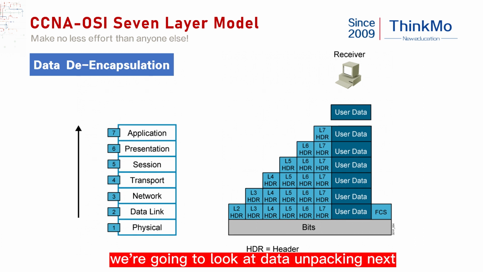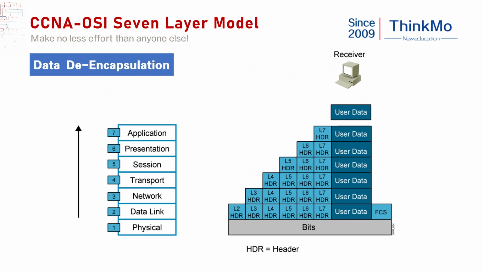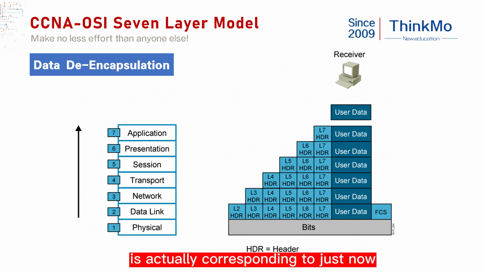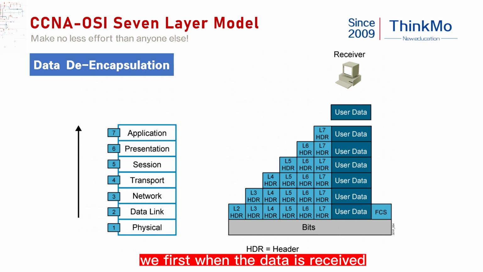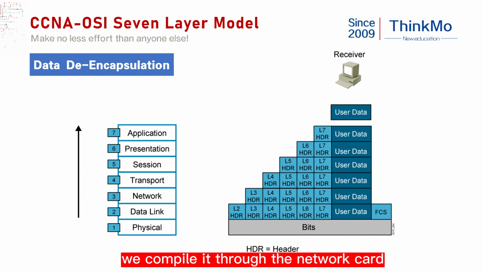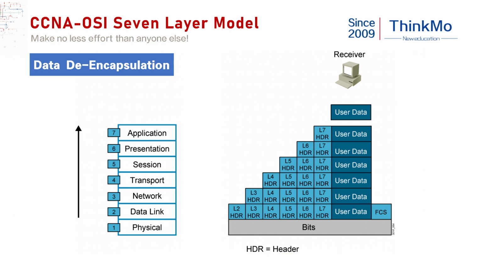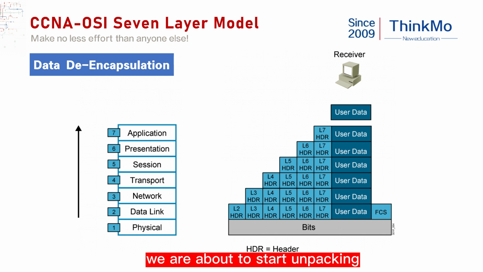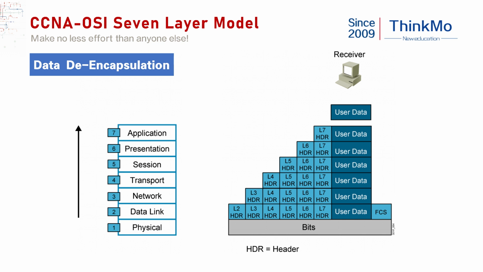We're going to look at data unpacking next. The process of unpacking actually corresponds to what we just did. When the data is received from the physical layer, the network card turns it into a binary bit stream, 0101. We are about to start unpacking at the second layer. We're going to remove the head and tail of the second layer.